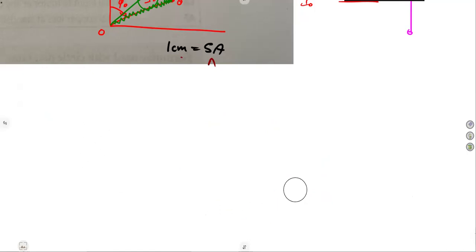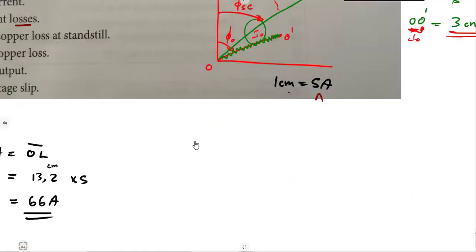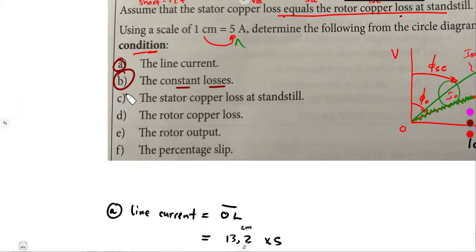We do the same thing on the other part. There you just need your formulas, guys. All those formulas are exactly given. The stator copper loss at standstill.